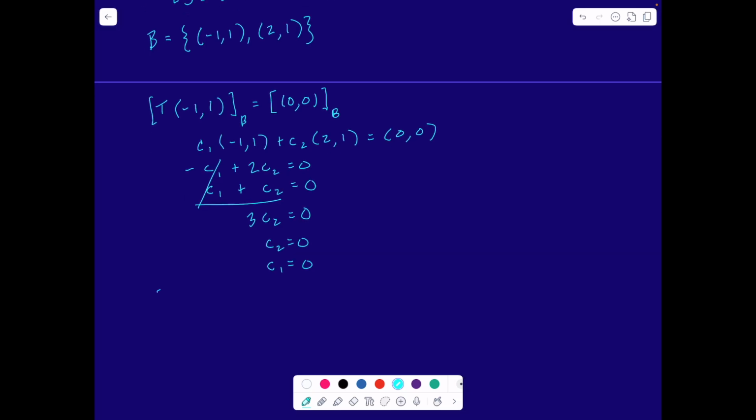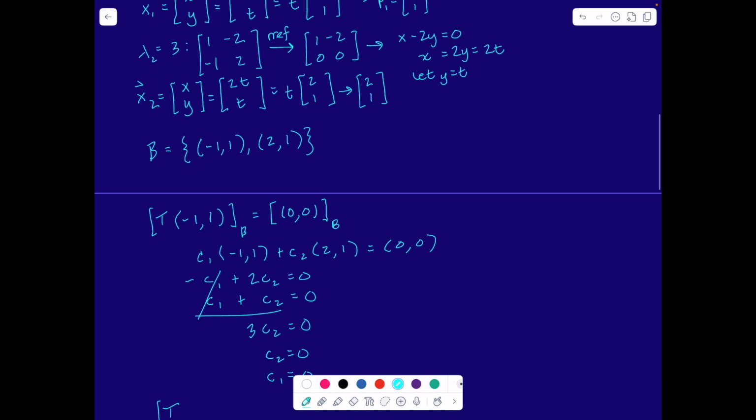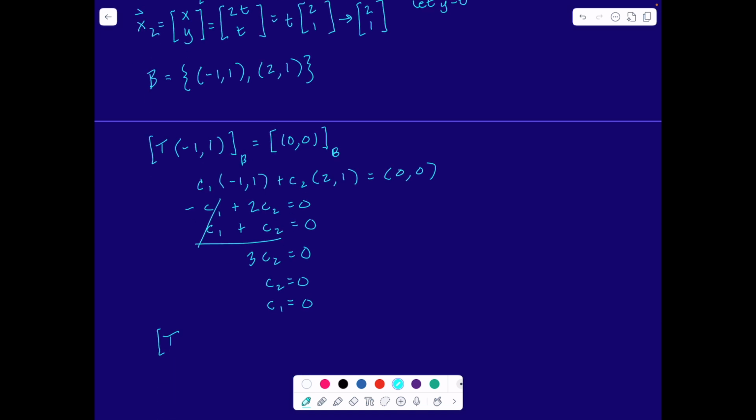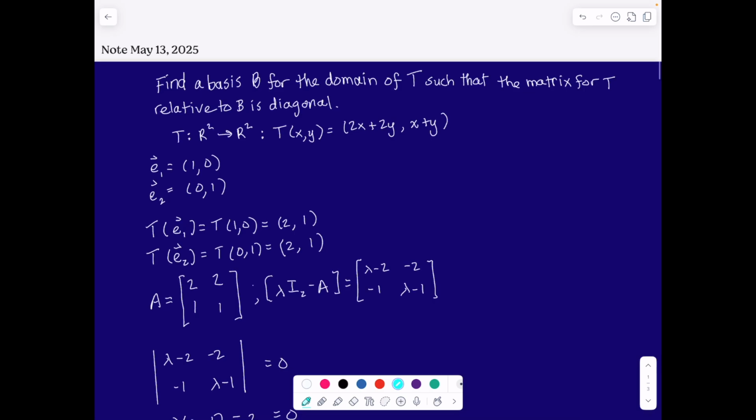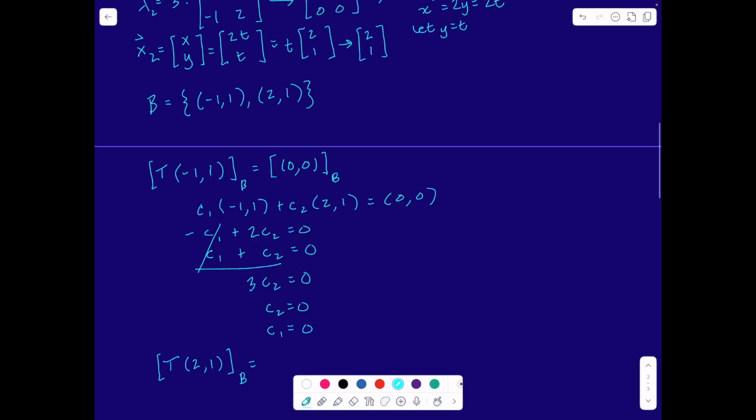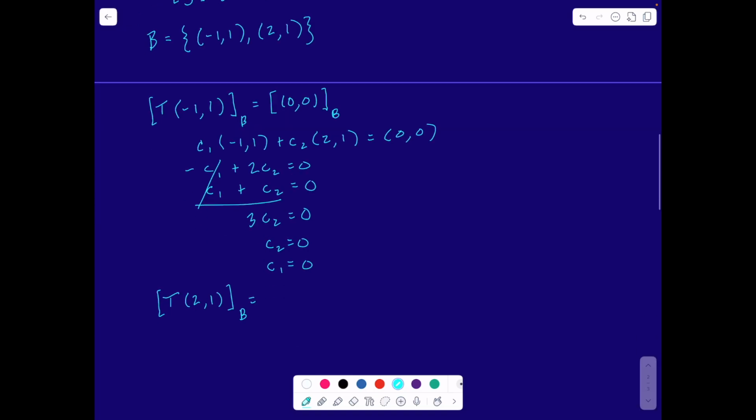Now, if I take a look at T(2, 1), I'm plugging in 2 for x and 1 for y. So I would have 4 plus 2 is 6, and 2 plus 1 is 3. So I would get (6, 3).